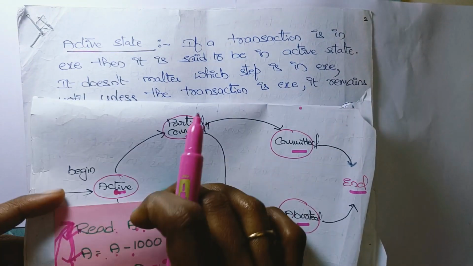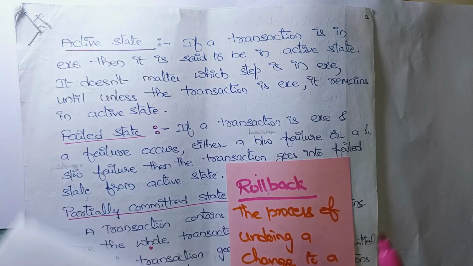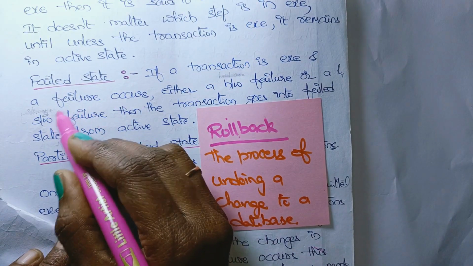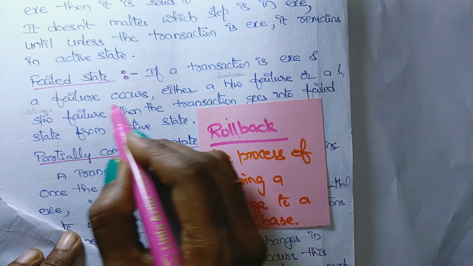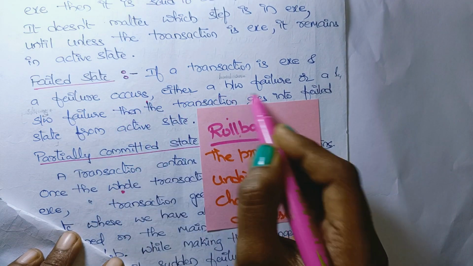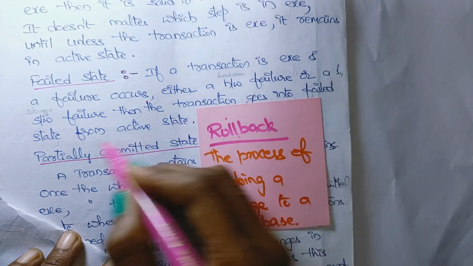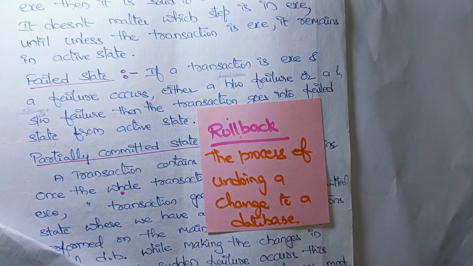Next state is the failed state. Failed state means if a transaction is executing and a failure occurs, either a hardware failure or software failure, then the transaction goes into the failed state from the active state.